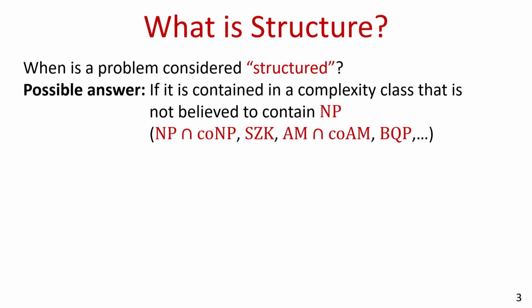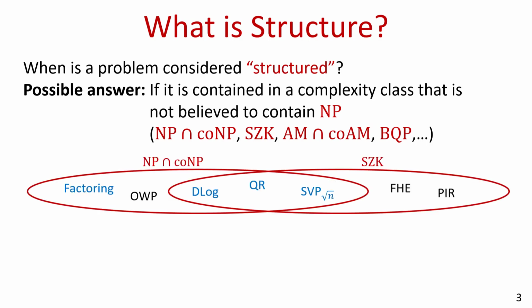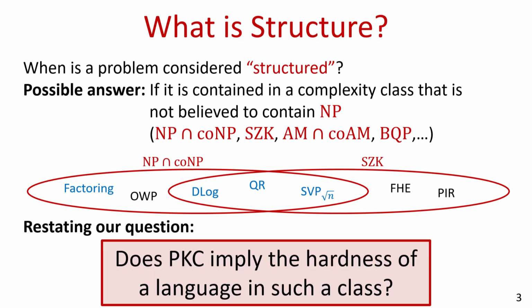Intuitively, the fact that a problem belongs to such a class is due to its exploitable structure. And this is exemplified here by several hardness assumptions and primitives that imply hardness in these classes. So we can restate our question and ask whether public key cryptography implies the hardness of a language in any such class.